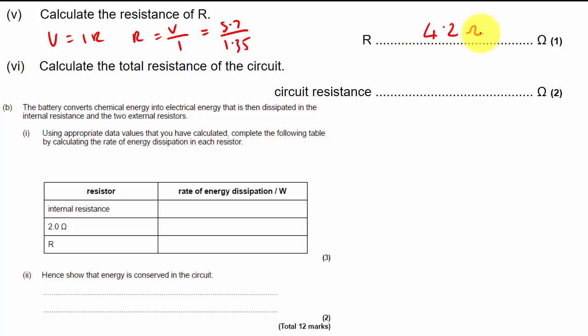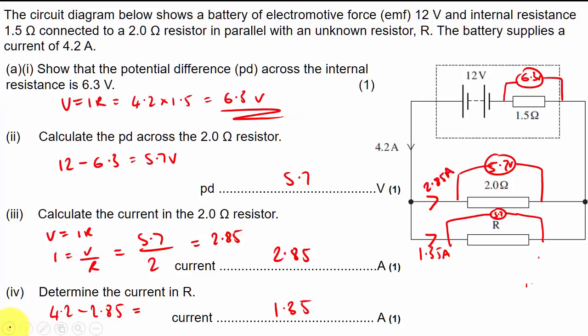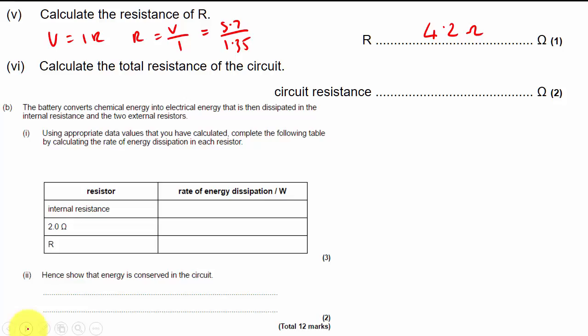Okay, so 4.2 ohms. Calculate the total resistance of the circuit. Right. So, going back to annotating my diagram, 4.2 ohms, 2 ohms. I need to sum those two resistances.